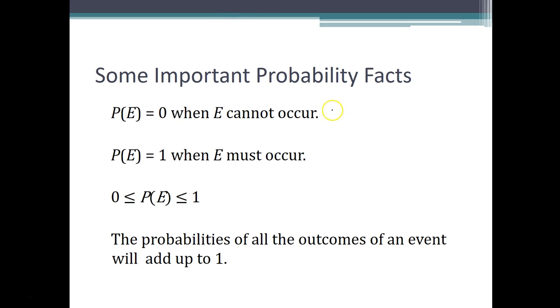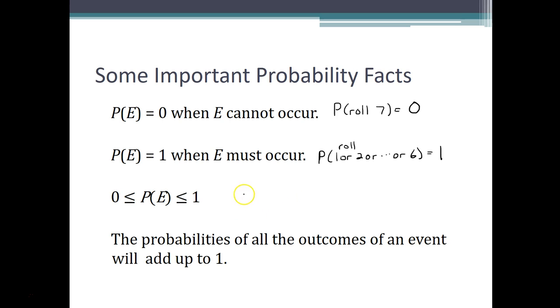So remember, the probability of rolling a 7 was 0, because on that die you can't roll a 7. And the probability of rolling a 1 or 2 or even up to 6 was 1, because when you roll your die, one of those outcomes is going to occur.